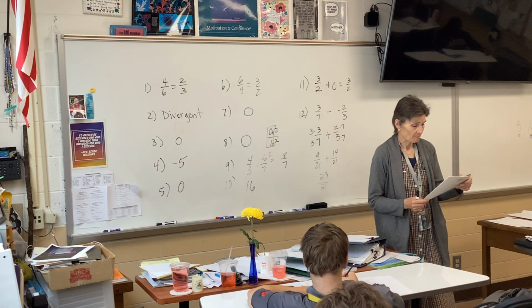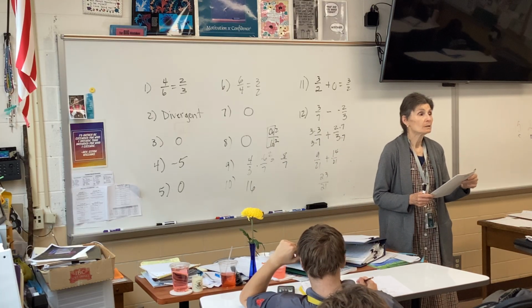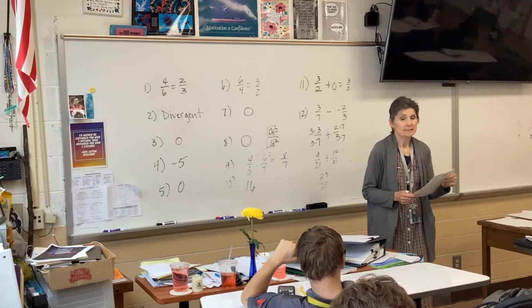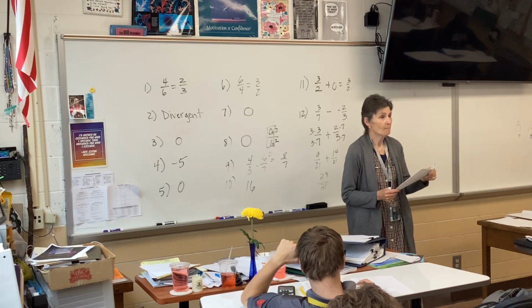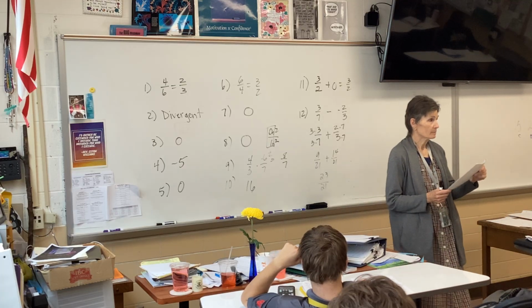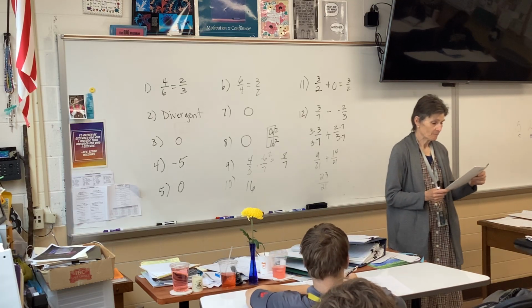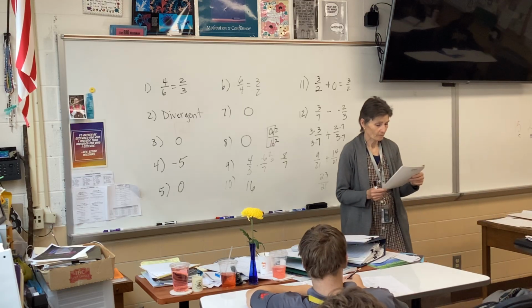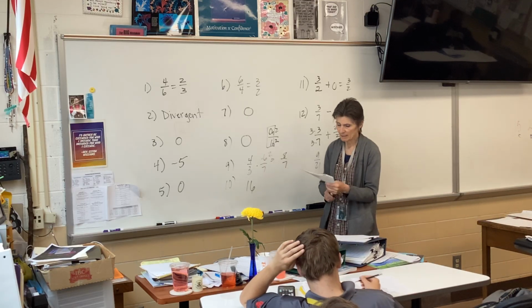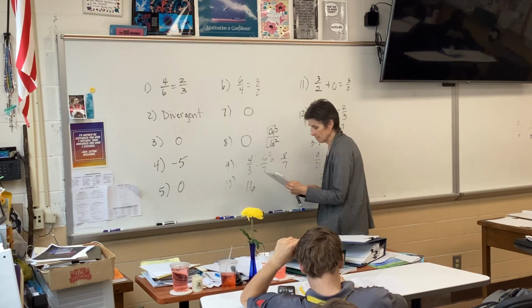What's A? -3. All right, how about B? 0. All right, now C is a multiplication. 1/4.